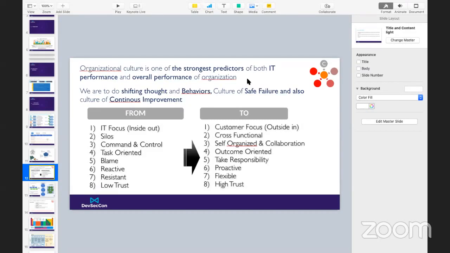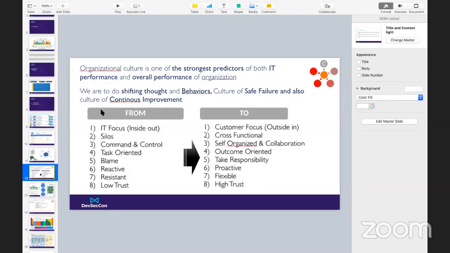Around DevSecOps, but about the values. Okay, an organization's culture is one of the strongest predictors of both IT performance and overall organizational performance.